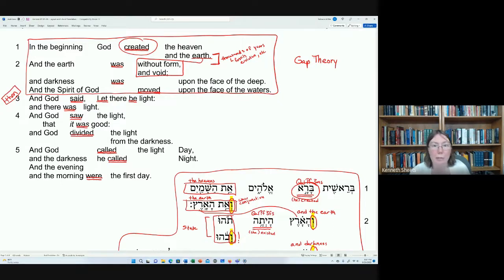And so as a result, the Hebrew grammar makes very clear this is not the case. This without form and void, formlessness and emptiness, was the way in which the Lord created the earth, that basic matter, when he first created. And then we get into everything else that was created.